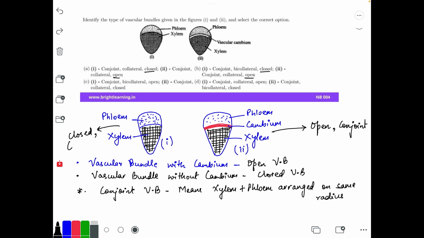Phloem has a separate layer and the xylem has a separate layer, so it is called collateral. A collateral vascular bundle means the phloem is arranged outside the xylem layer.